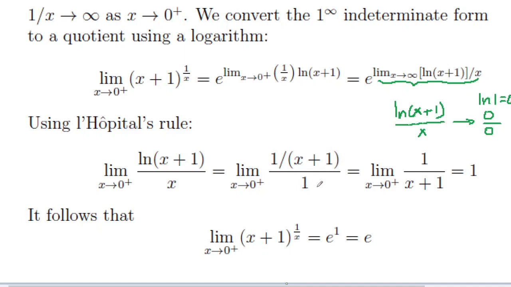Derivative of x is 1. Write that up as 1 over x plus 1. And as x goes to 0, it drops out, and we get 1 for the limit. If I put that back in here, I'll get e to the 1, or e, as the answer to the limit.